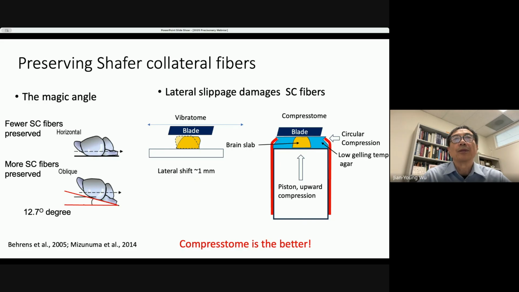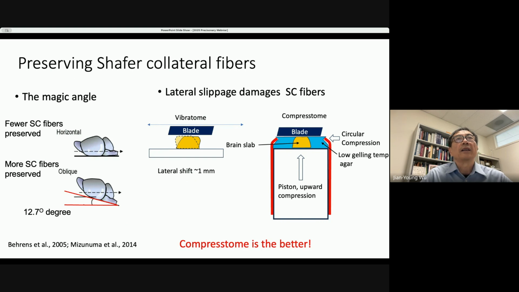We usually do 450 or 480 micrometers. If you perfuse the slices from two sides, that delivers enough oxygen for sharp wave ripples. So this is the magic angle and relatively thicker slices.